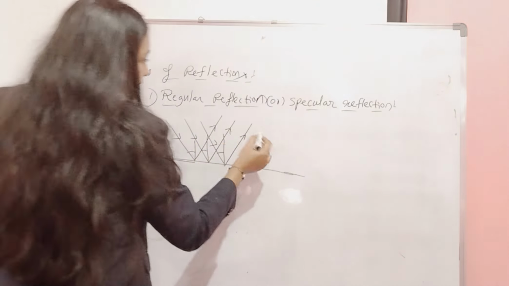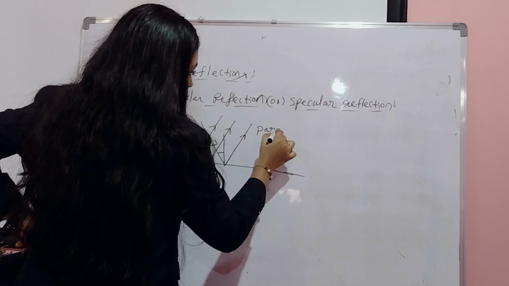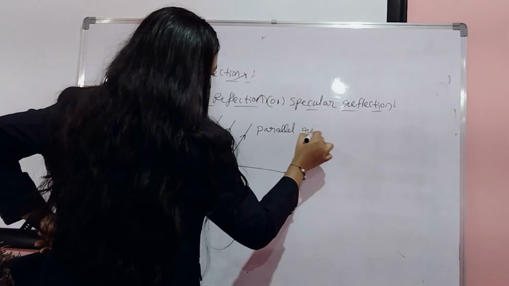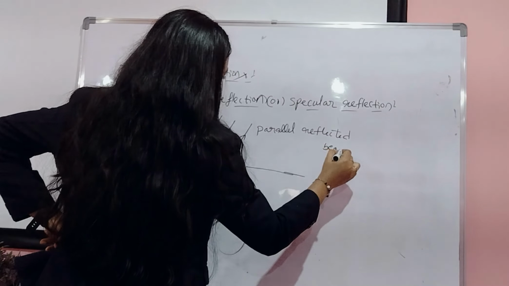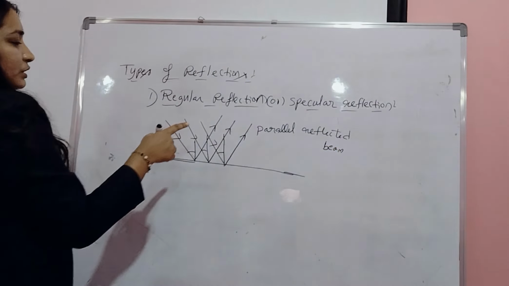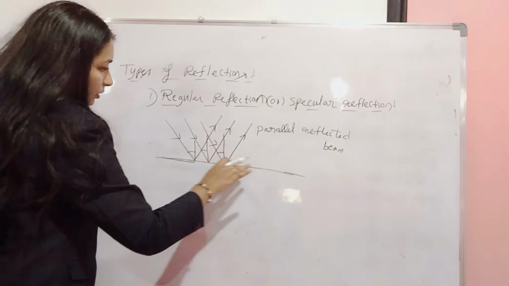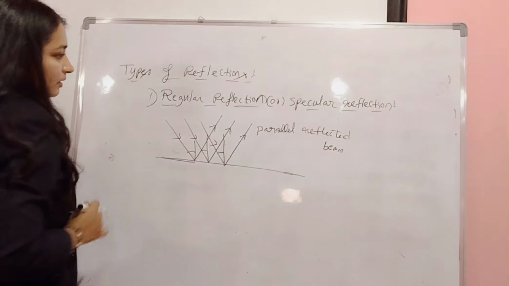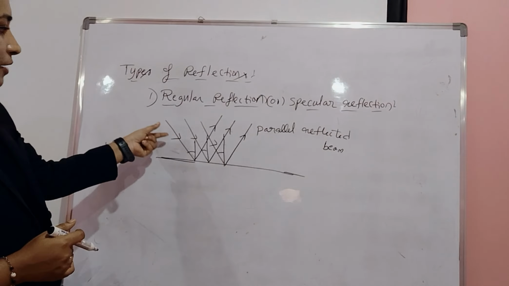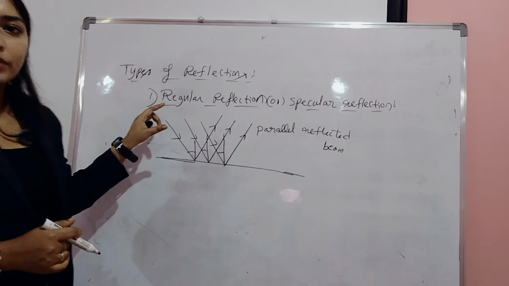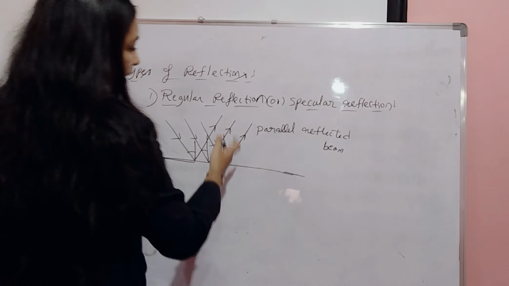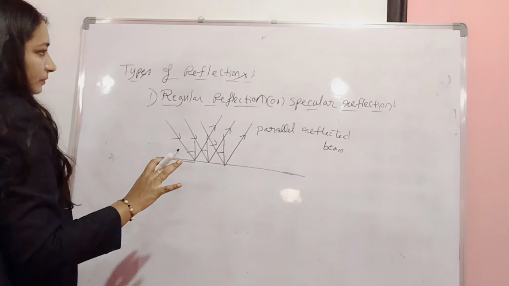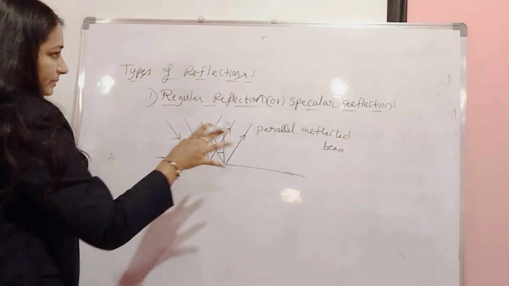So we are getting a parallel reflected beam. Clear? So regular reflection takes place on a highly polished surface, and after incidenting a parallel beam of incident rays, we are getting a parallel reflected beam. So that's why this is also known as specular reflection.